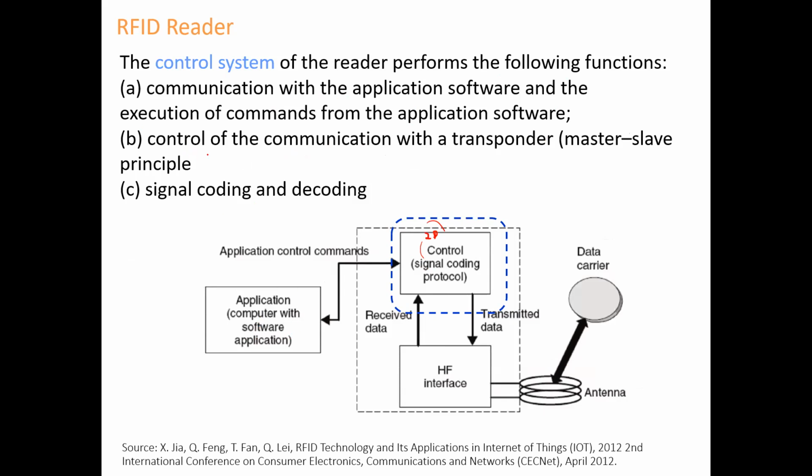The second is to control the communication with the transponder, acting as master and slave. Because one reader has to take care of many tags, right? So it should have a control unit to do that. And it has the function of signal encoding and decoding in this control system.